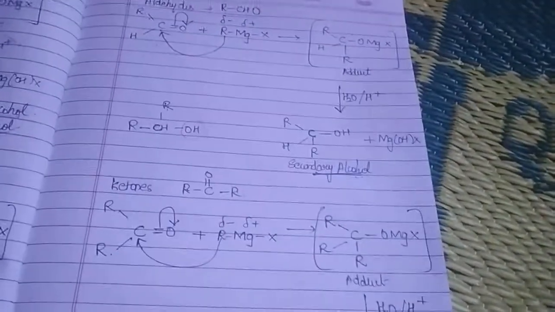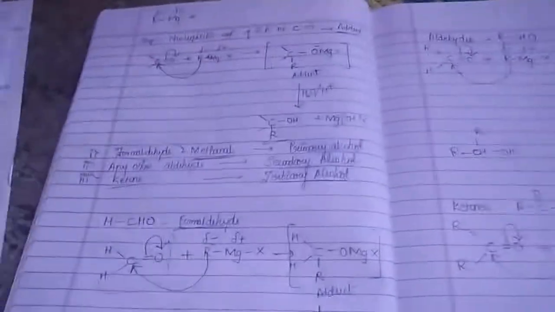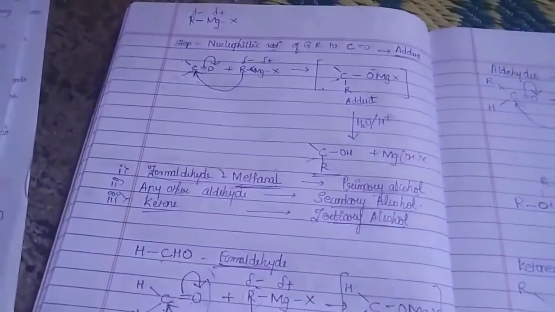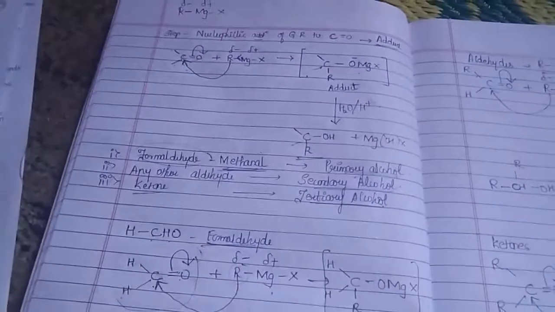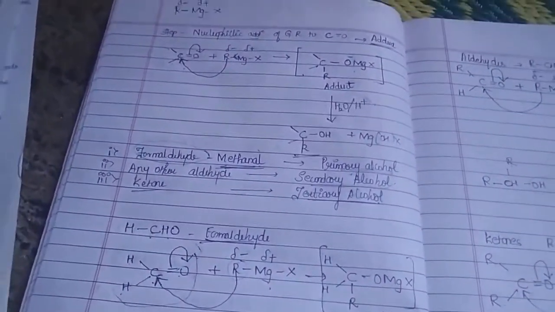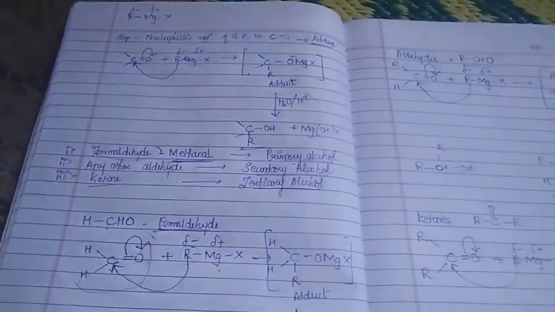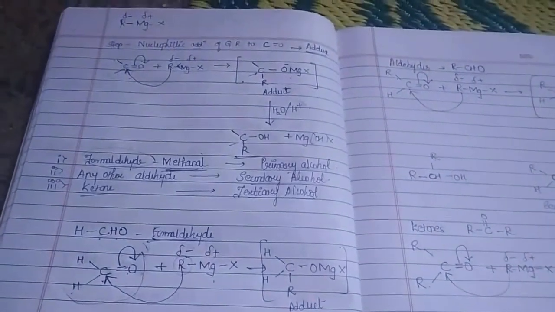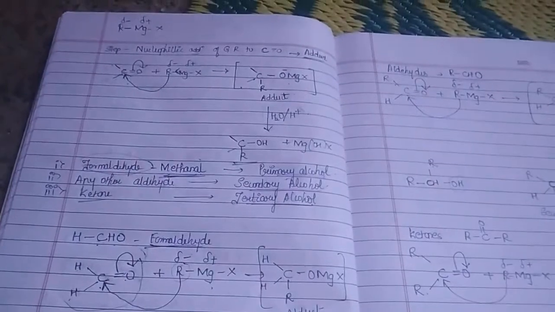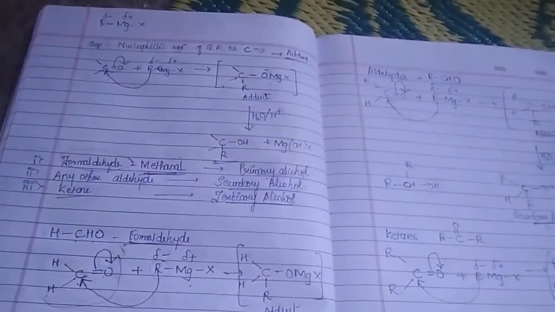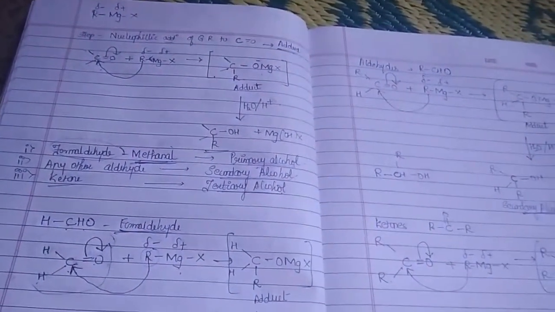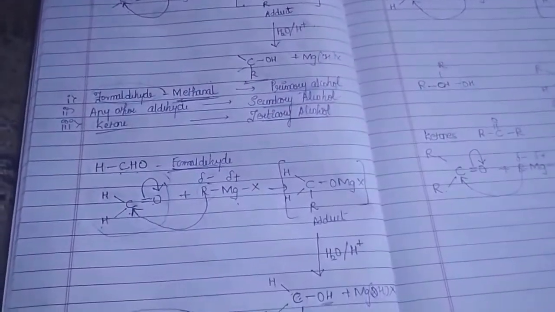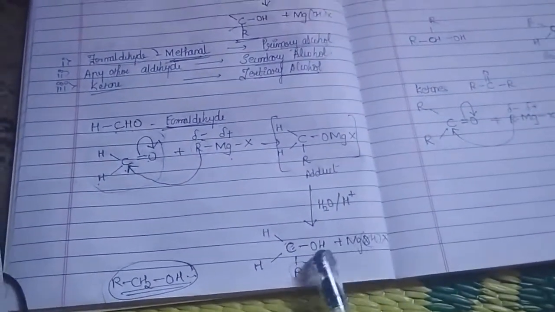So this is a very important concept. Whenever we are treating carbonyl groups with the Grignard reagent, one common thing we came to know is that it will give you alcohols. But one noteworthy point: whenever formaldehyde is reacted with a Grignard reagent, we get a primary alcohol.